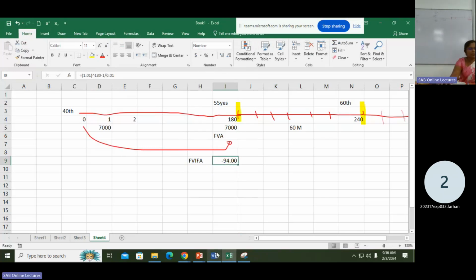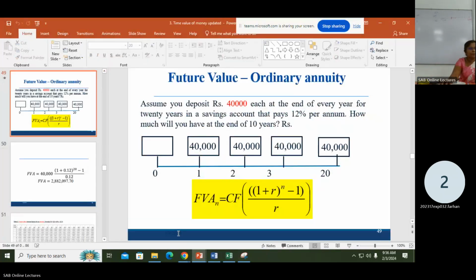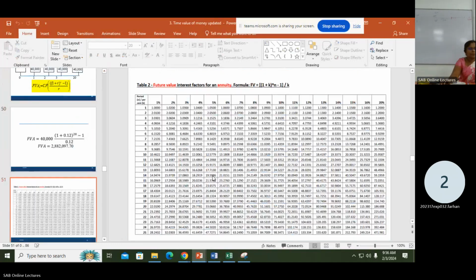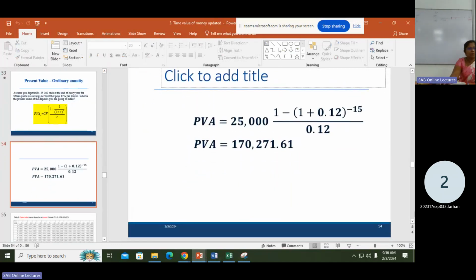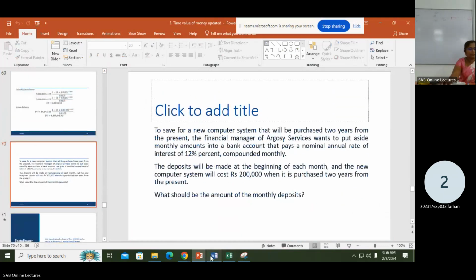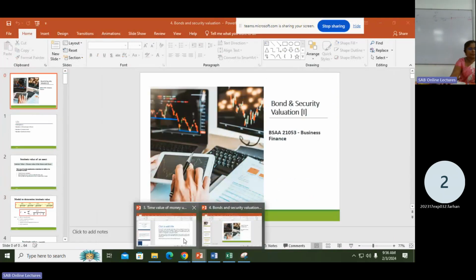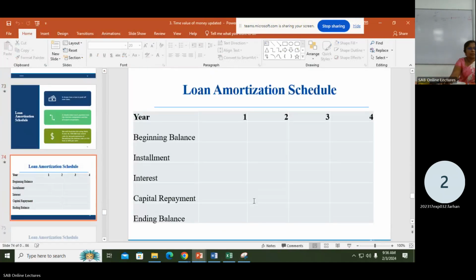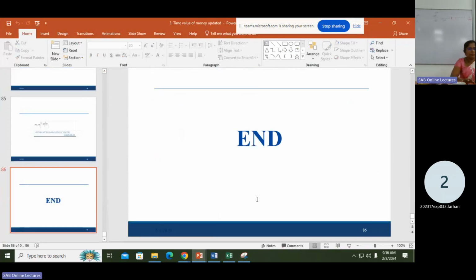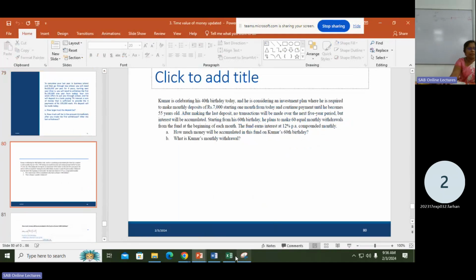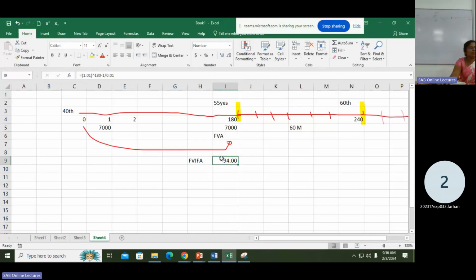Here, the future value interest factor annuity again. R is 12% per annum, annually 12%. Yes, 12% per annum, so 1% monthly.